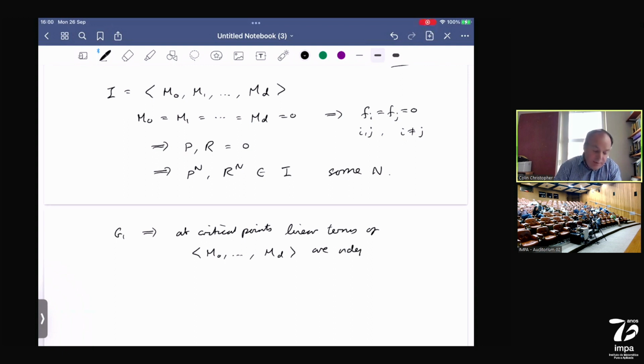Sorry, not independent, but they generate the linear terms. So that implies, by using the AF plus BG theorem, that in fact we can choose n is equal to 1. So in fact P and R are both in my ideal I.